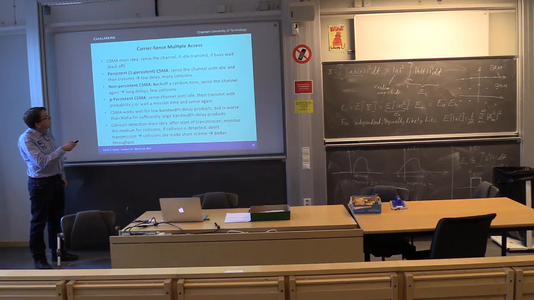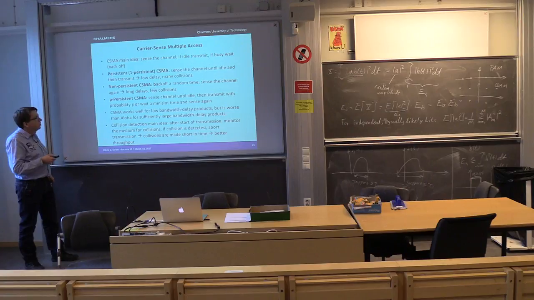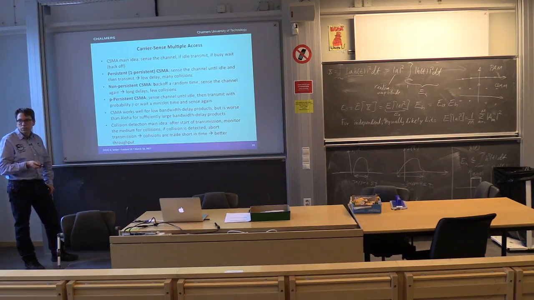Carrier sense multiple access is a very often used medium access method. So it's basically a listen before you talk protocol. So the main idea is to listen to the channel, sense the channel. If there is no activity, that is, if the channel is idle, we transmit. If it's busy, we wait according to some rules.